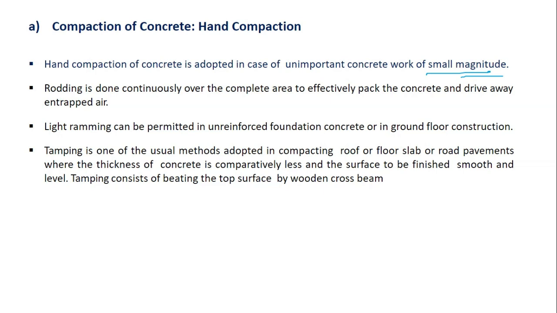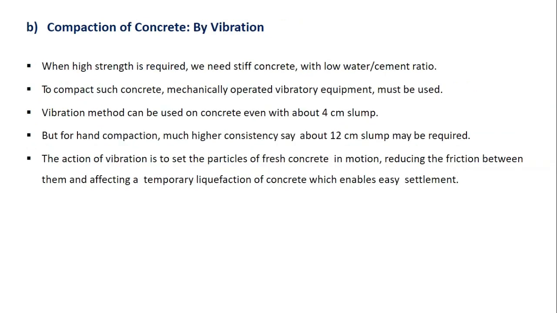For larger work, you cannot do hand compaction. Rodding is done continuously over the complete area to effectively pack the concrete and drive away any entrapped air. So this is the method of compaction of concrete by vibration.